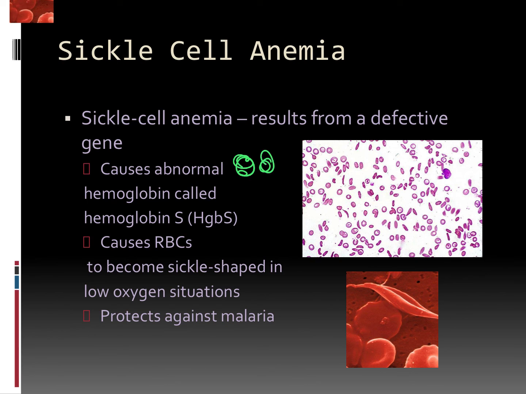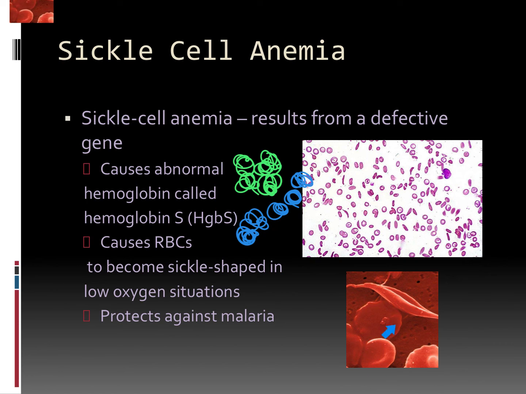It's St. Patrick's Day when I'm doing this, so clover makes sense. So there's normal hemoglobin, like a clover shape. What hemoglobin S does is there's a mutation that causes it to clump together like this, instead of being the little round clover shape. Because the hemoglobin sticks together like that, in low oxygen situations in particular, it can cause red blood cells to become sickle-shaped, like that.